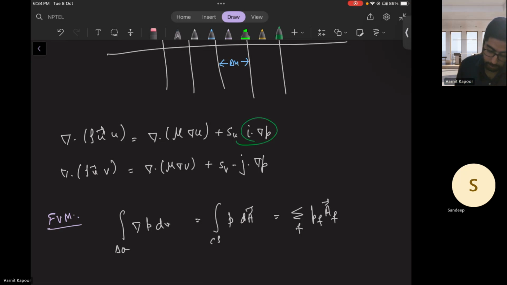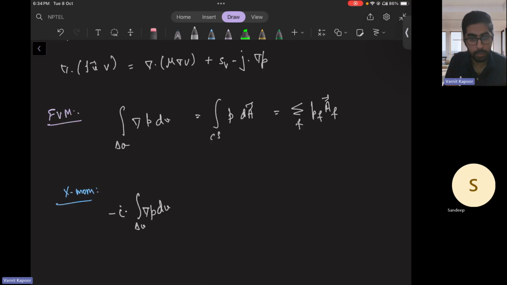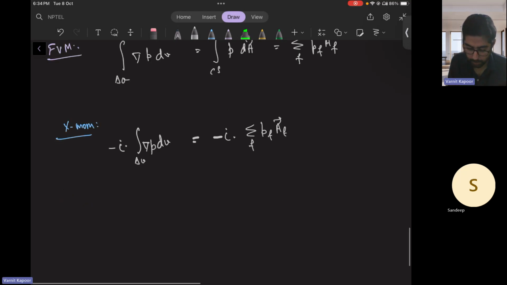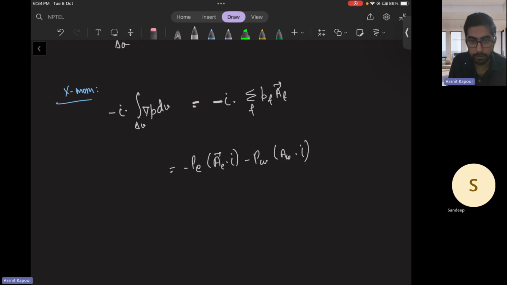All right. So I've not written this negative sign. Okay, minus i dot del P. And we applied the FVM technique. So this is our minus i dot summation of all the faces, PF AF, where faces are east, west, north, south. So it can be written like negative of PE AE dot i minus PW AW dot i. You're doing the dot products for all the faces.